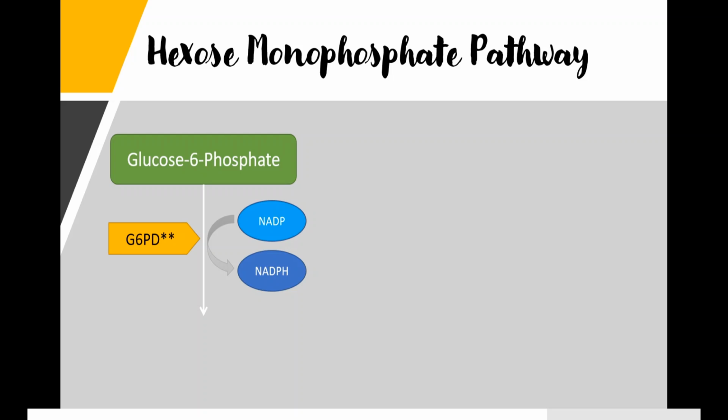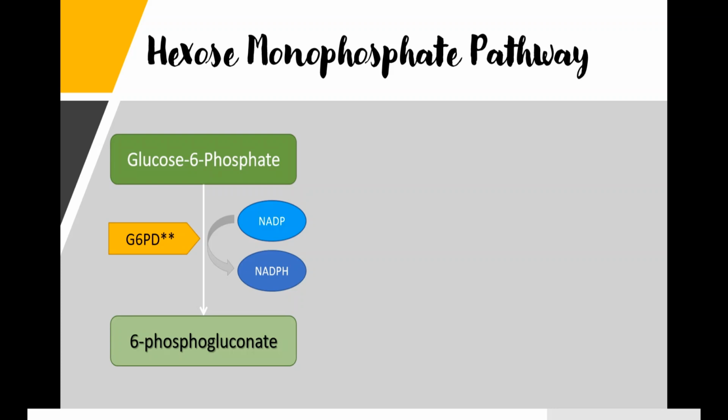The H there comes from the glucose 6 phosphate. When glucose 6 phosphate is removed of hydrogen, it becomes 6-phosphogluconate. Again, this process is mediated by the enzyme G6PD, and in converting glucose 6 phosphate into 6-phosphogluconate, NADP is converted to its reduced form, NADPH.